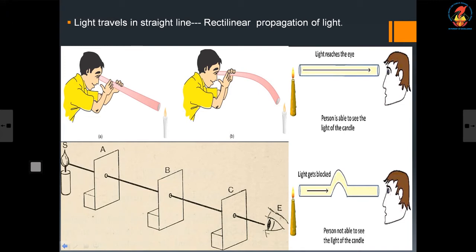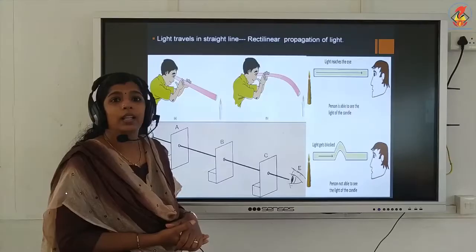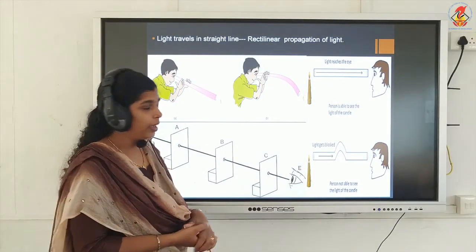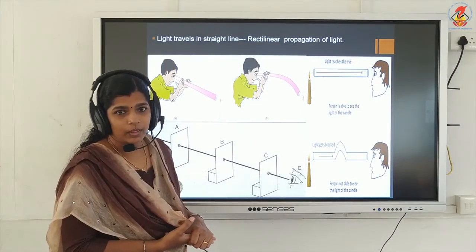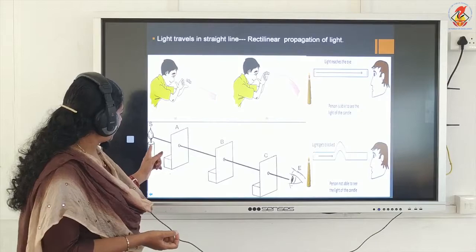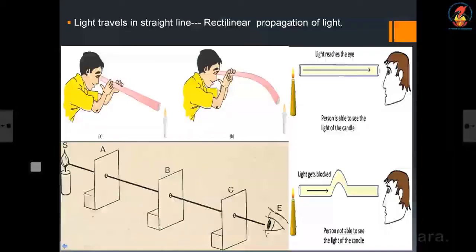Then one more experiment is there, that is ABC. Three cardboards are there with holes made in them. Now I will place a candle flame, and when I view through these three cardboards, I can see the candle flame. These three holes are at the same level.